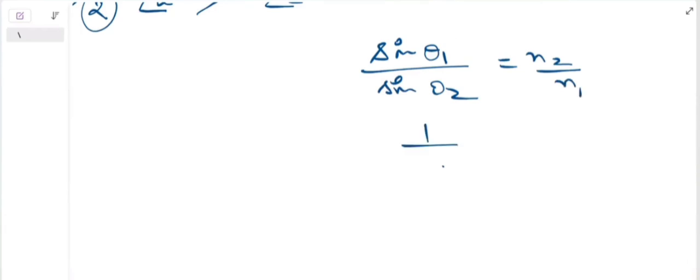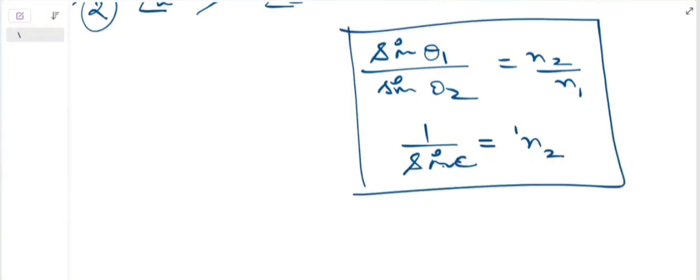Or you can even say 1 over sine C is n1 over n2. So this is the formula.